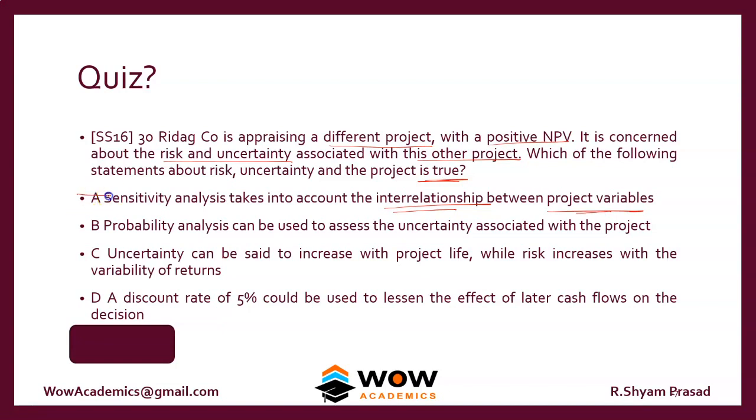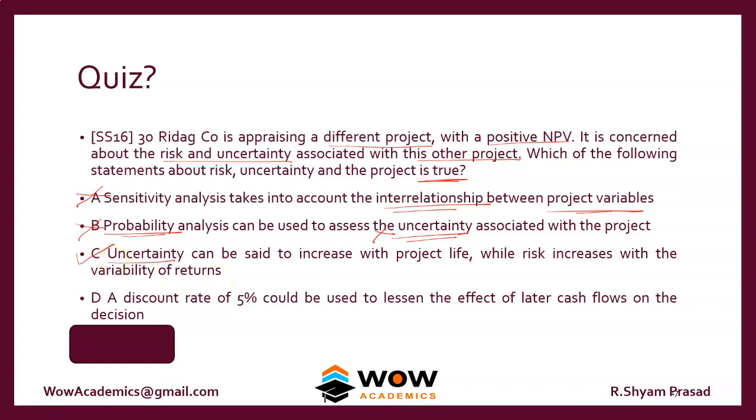No, sensitivity analysis does not do that. Probability analysis can be used to assess uncertainty. Probability is a risk measure, so it does not measure the uncertainty. So this is wrong. Uncertainty can be said to increase with project life, while risk increases with the variability of returns. Yes, this is true.